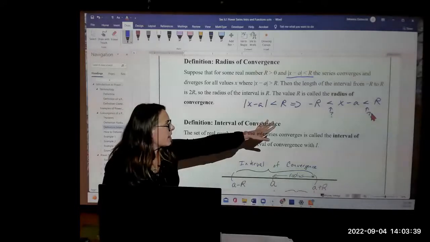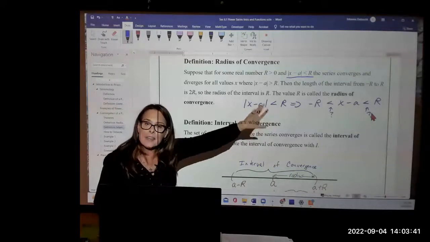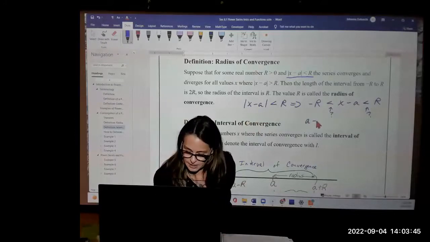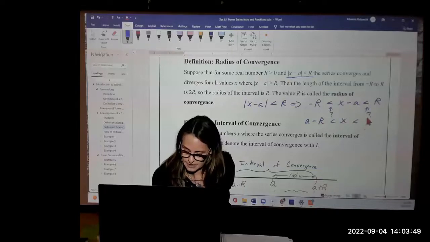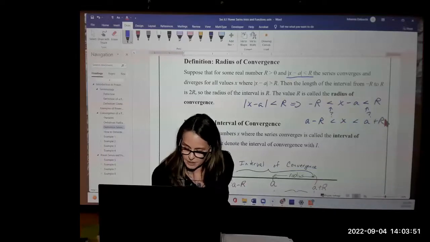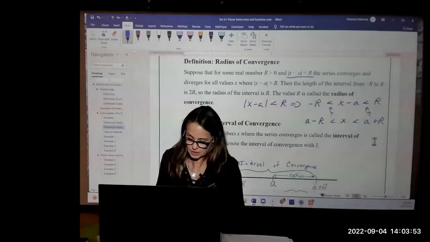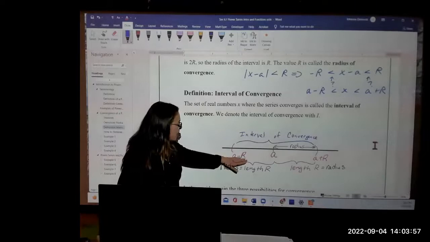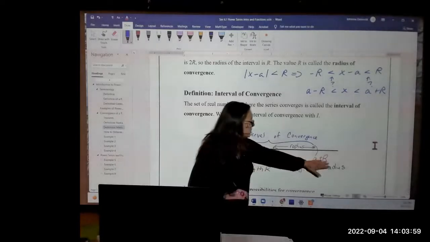But we know we have that relationship, which means I can add the a to all three parts. And this gives me a minus r less than x less than a plus r. And you'll see this down here in this particular image. So we have a minus r on the left and a plus r on the right.